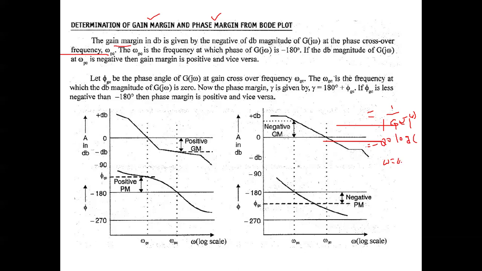So at this corresponding frequency, we need to take the magnitude value. Omega PC is known as the phase crossover frequency.